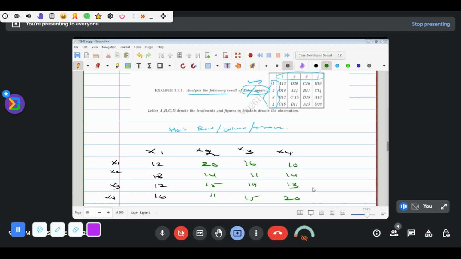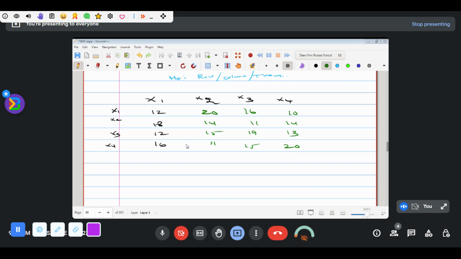Then calculate everything up to MSE using this table, not arranged in ABC format.